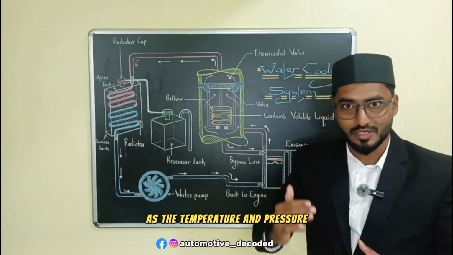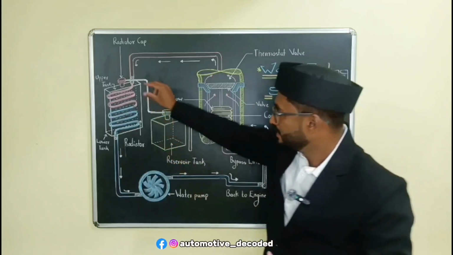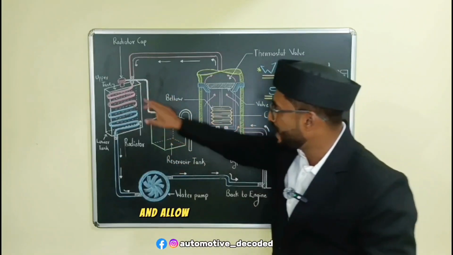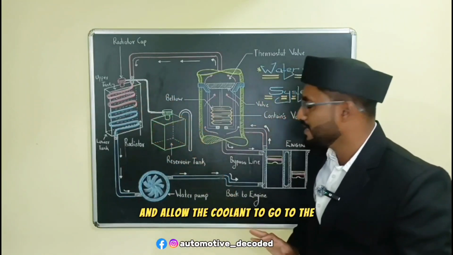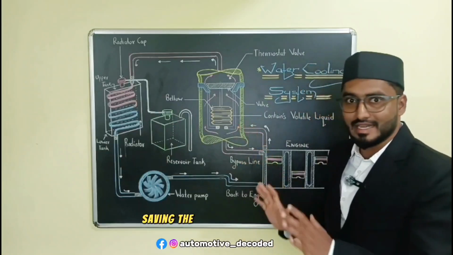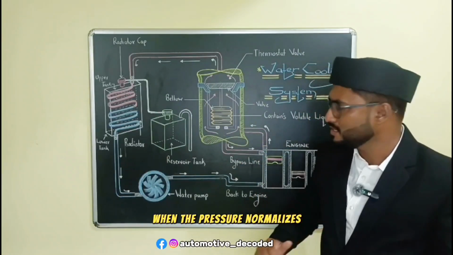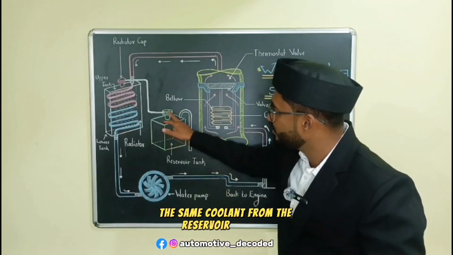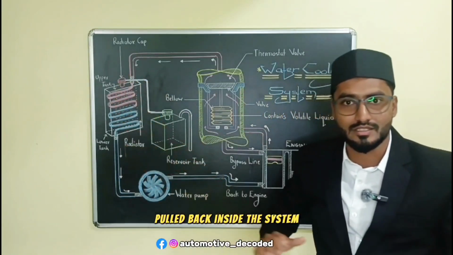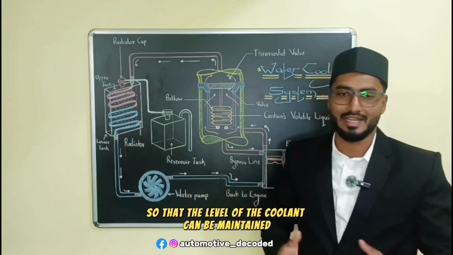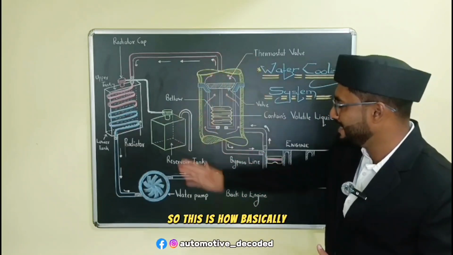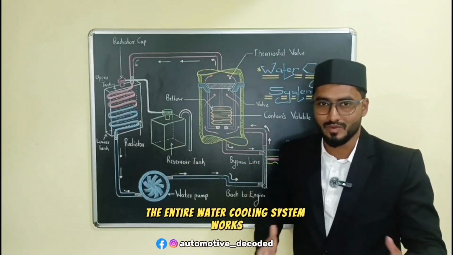As the temperature and pressure cross a particular limit, that valve will open and allow the coolant to go to the reservoir tank, saving the entire system. Similarly, when the pressure normalizes, the same coolant from the reservoir is again pulled back inside the system so that the level of the coolant can be maintained. So this is how basically the entire water cooling system works.